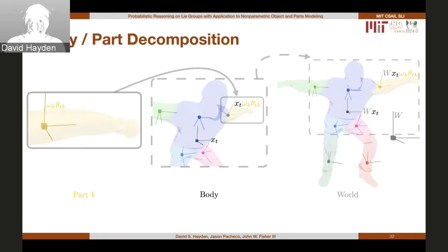So that arm can rotate and translate about the omega, the typical location. So it can wave, move up and down, and walk and run and do those sorts of motions. But it's all well described by this sort of composition of world, body, canonical part, and per time part transformations, all of which are just SE3 transformations.